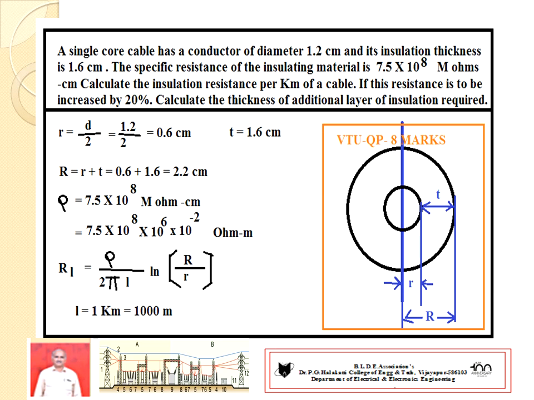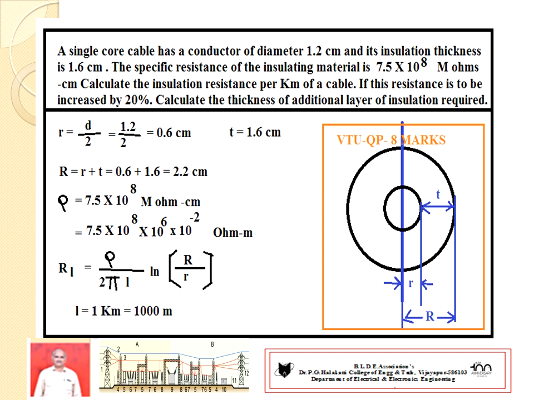A single core cable has a conductor of diameter 1.2 centimeter and its insulation thickness is 1.6 centimeter. The specific resistance of insulating material is 7.5 into 10 to the power 8 mega ohms centimeter. Calculate the insulation resistance per kilometer of a cable.